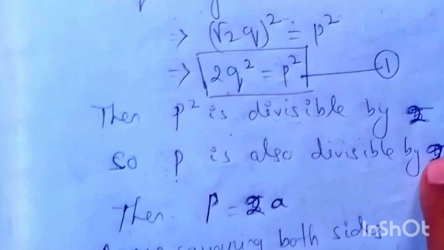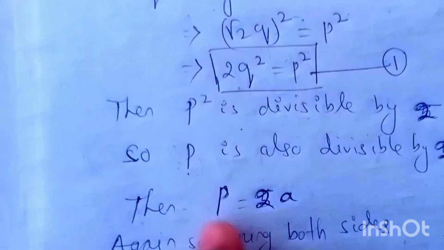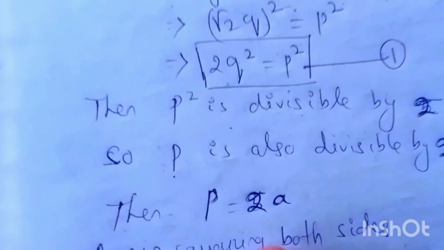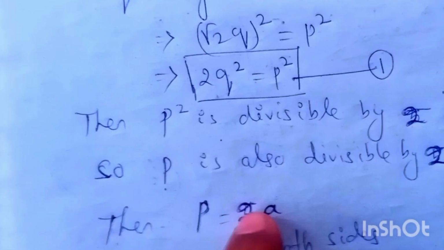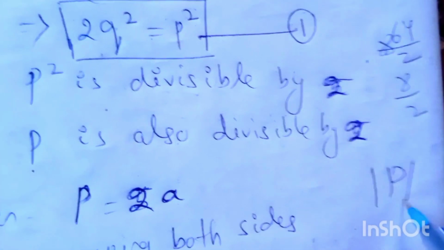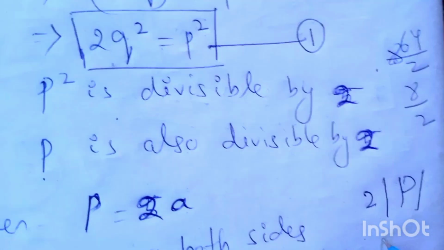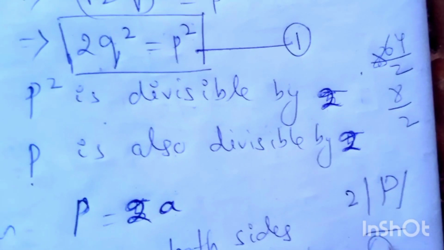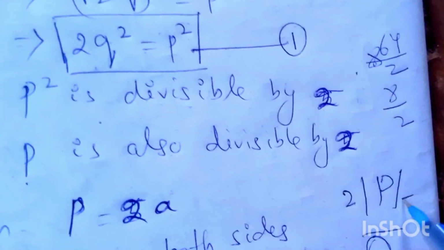Then if p is divisible by 2, if you divide p by 2, there will be some quotient. Let the quotient be equal to a. That is, p divided by 2, the remainder will be 0 and the quotient will be something.